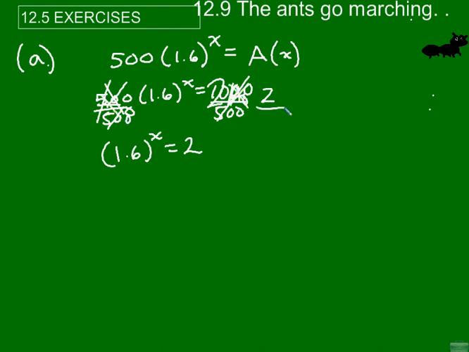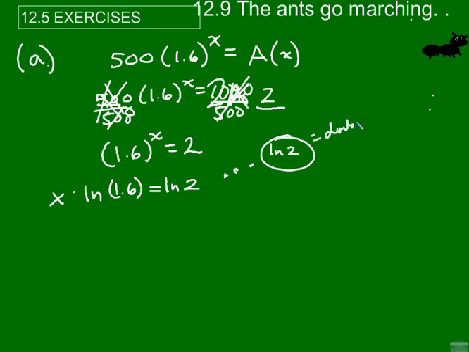So natural log of 1.6 times X equals natural log of 2. So X equals natural log of 2 over the natural log of my base.